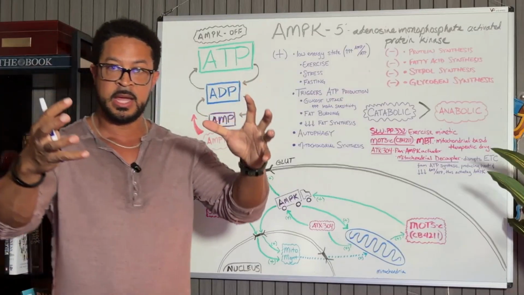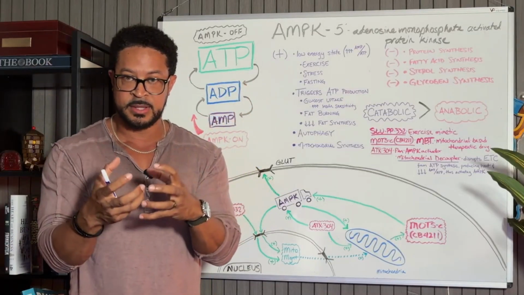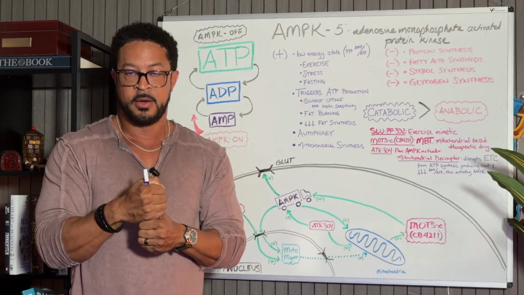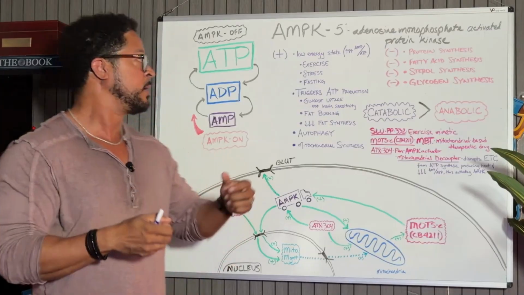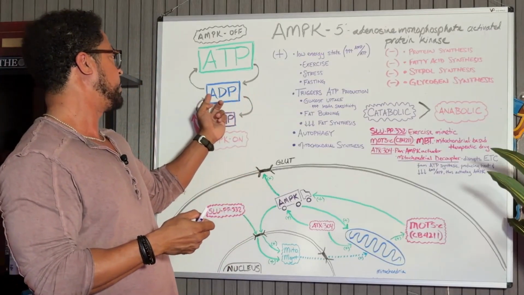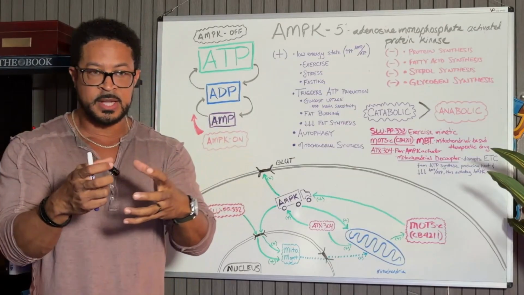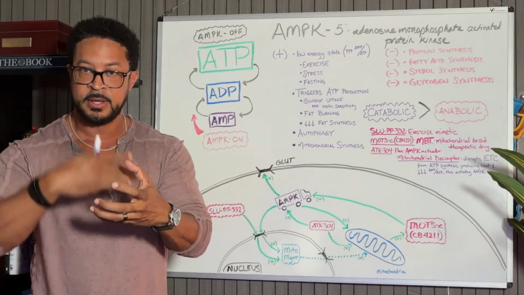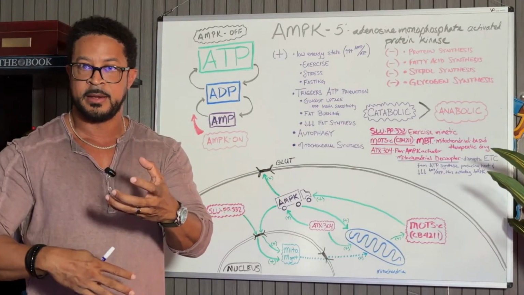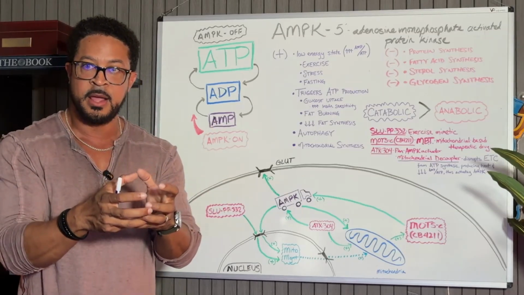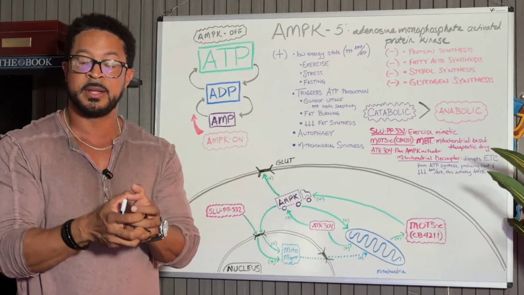It's drawing in all of this energy and focusing it towards building a chemical bond, converting from ADP to ATP. Then it decouples the assembly line, so it's no longer able to take that energy in and focus it into building a bond.